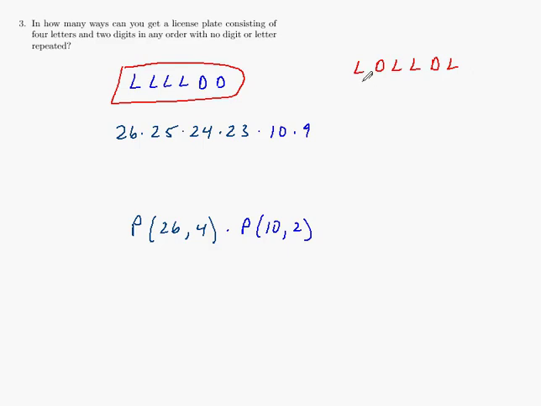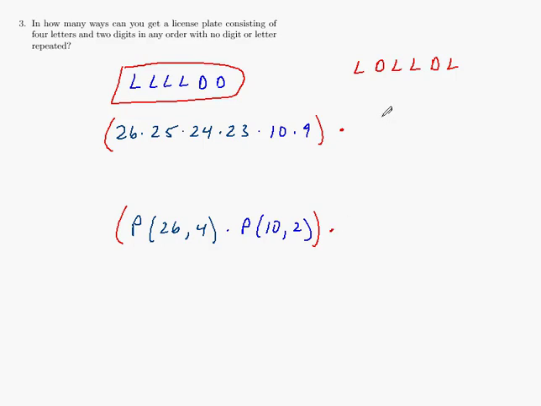So if I did letter, digit, letter, letter, digit, letter, I would still have a 26, 25, 24, 23 for my letters, and then 10 times 9 for the digits. So I need to take this answer here, whether I write it with permutations or the multiplication principle, and multiply it by how many ways to rearrange.